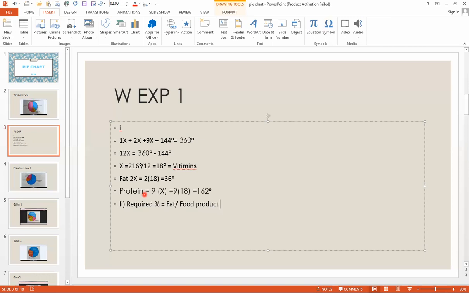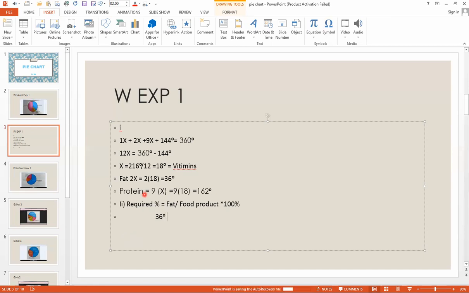And as you know that this one is percentage sum, so we have to multiply it by 100%. Clear ho gaya? Now we have to solve for it. Fat, look at the first part, we have already find the fat, that is 36 degree. 36 degree. Okay.